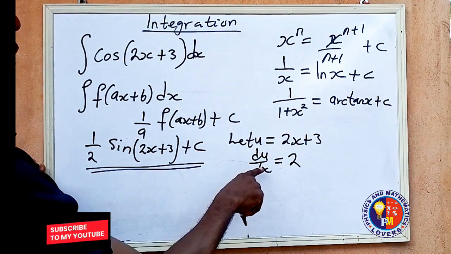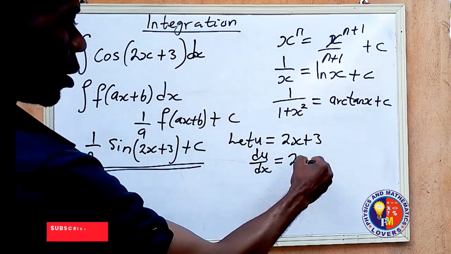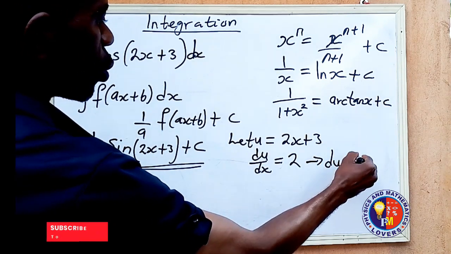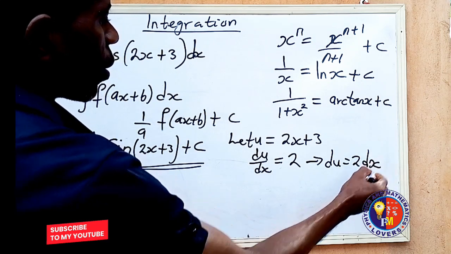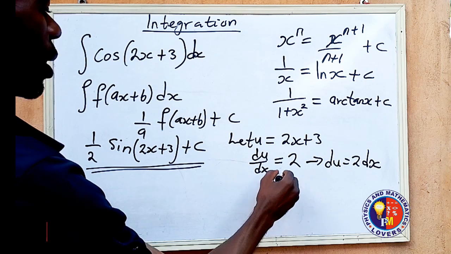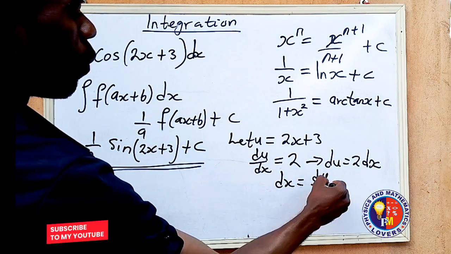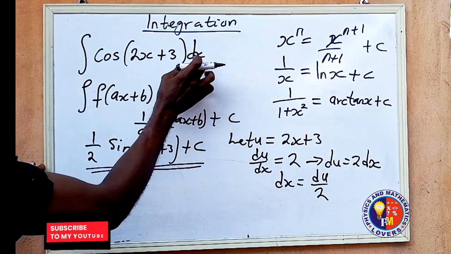I am looking for dx, so I have to make dx the subject of the formula. This will imply that du is equal to 2 dx. It's not du I'm looking for. So my dx is equal to du over 2.